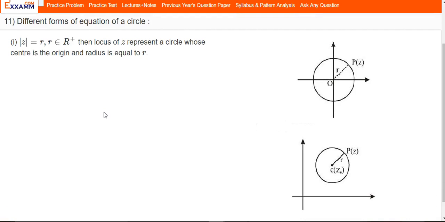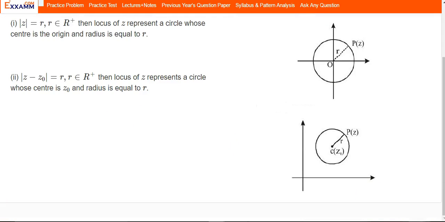Now the second equation is modulus of z minus z0 is equal to r. In this case consider a circle whose center is z0, and any point on the circle is z. Then this distance PC is equal to modulus of z minus z0, and it is constant for all values of z around the circle, so this equation becomes modulus of z minus z0 is equal to r.